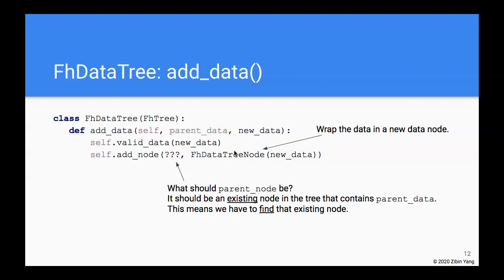Now, the question, though, is what can we put as the parent node? Well, obviously, it should be an existing node that contains the parent data. Now, how do we know what that node is? Well, we don't. Therefore, we really have to search for it.